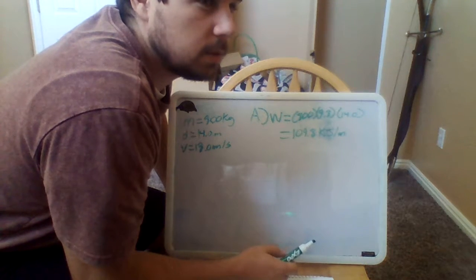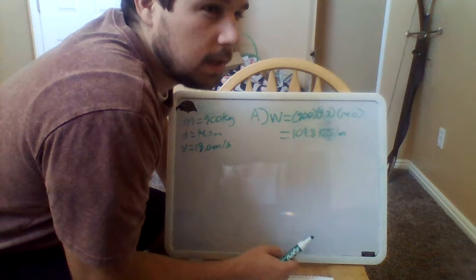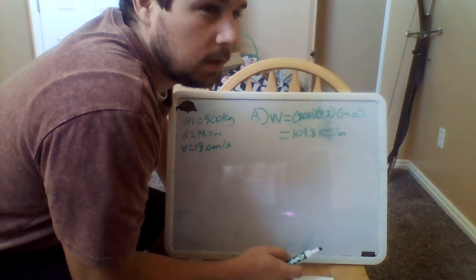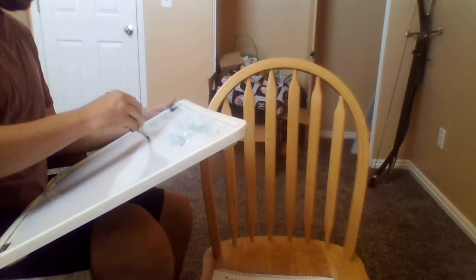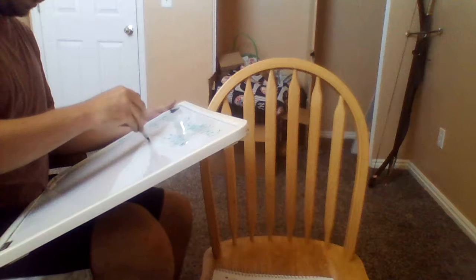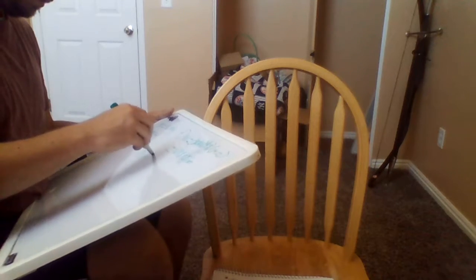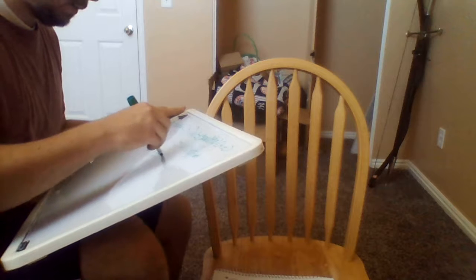B says how much work is done in giving the water the kinetic energy it has when ejected. So B, we're going to use a kinetic energy equation, which is our 1/2 mv squared.